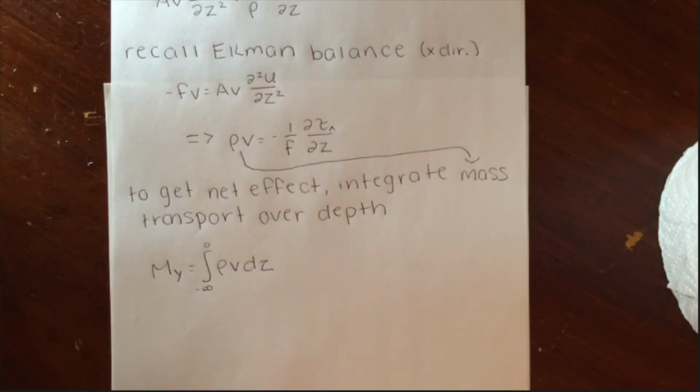So first we'll integrate the mass from the surface to the depth. Here I arbitrarily use negative infinity, but you can also use negative h or some other depth as long as it's deeper than the Ekman layer.